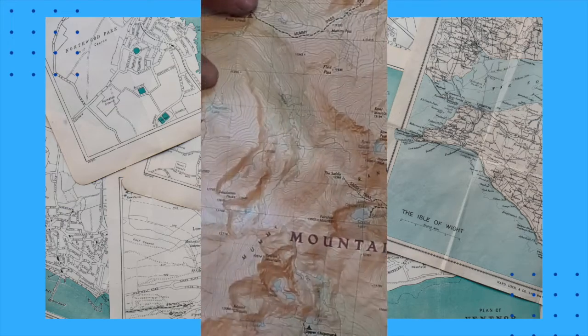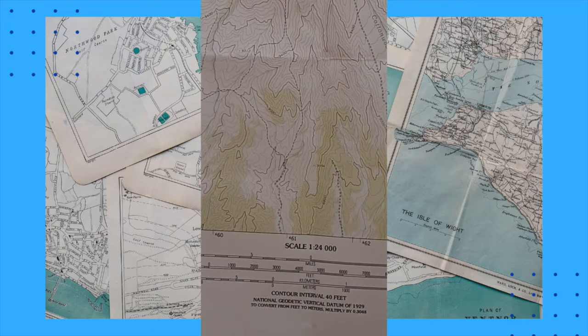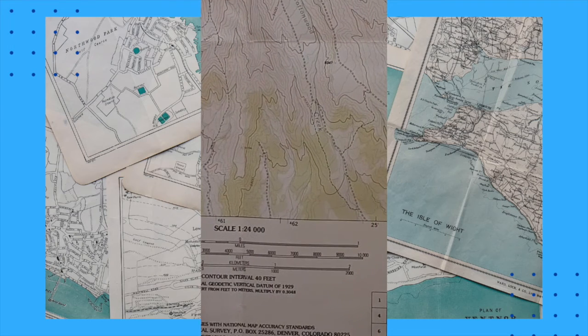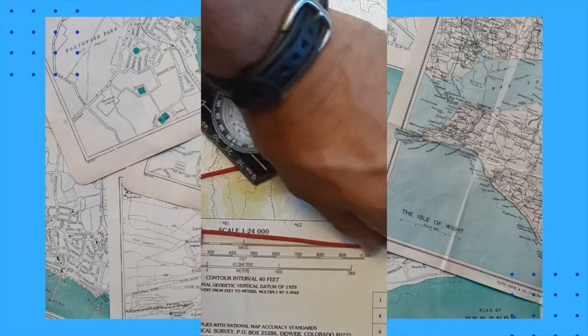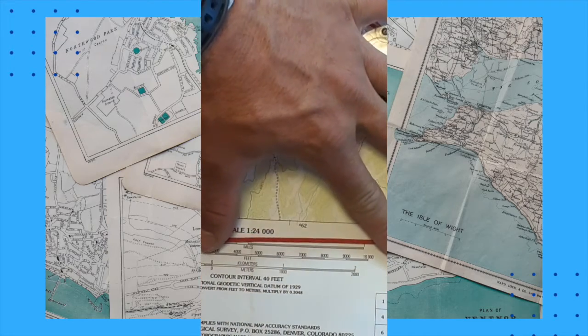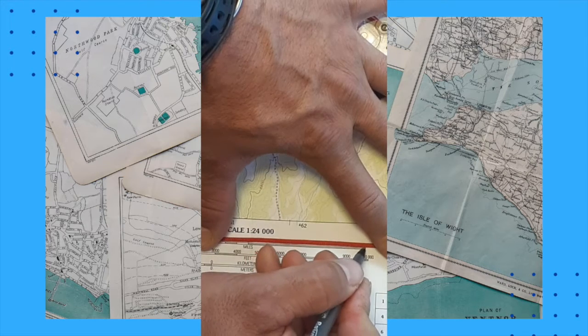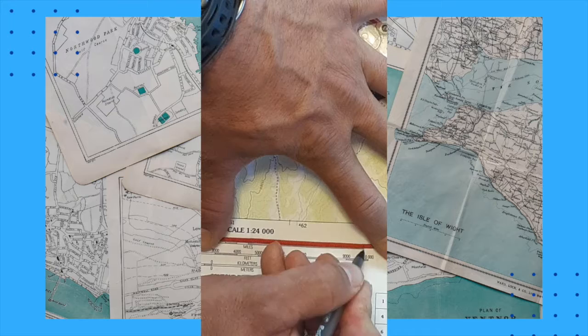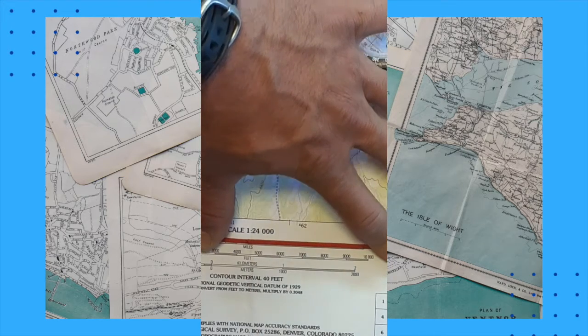One thing I like to do is take a compass with me, because often maps and compasses go hand in hand. Down here you can see the scale, and I like to know how far distances are, and it's hard to match that. So when I have my compass, I usually have a string attached to it, and I'll lay that string next to the scale and make little marks on my string so I know how far a mile is.